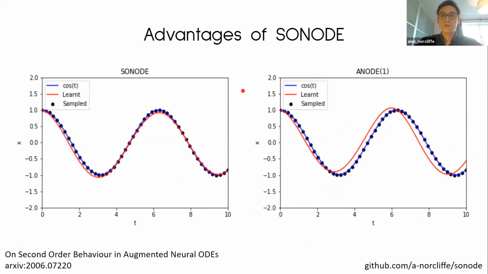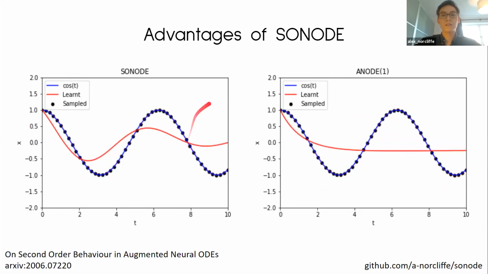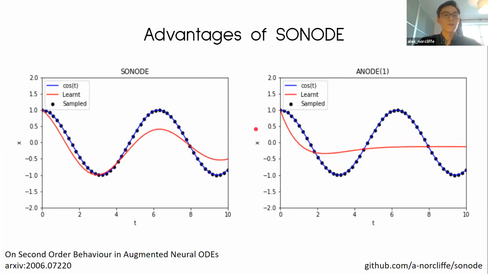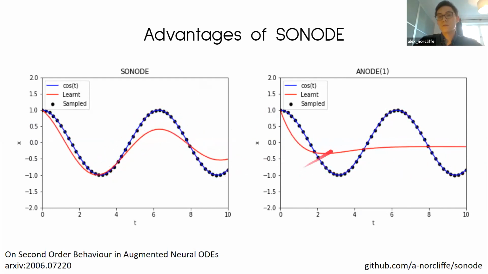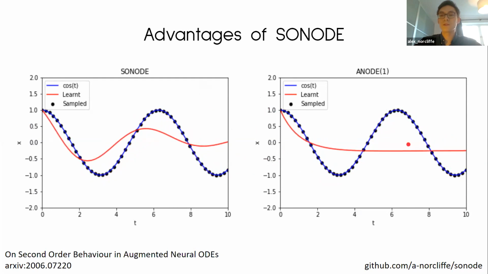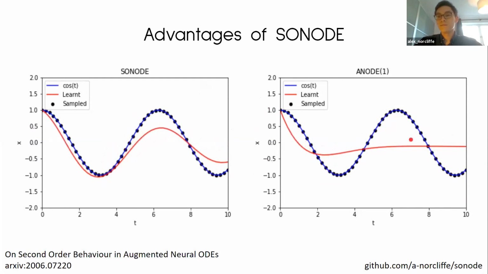And we sort of saw this earlier anyway, when these curves were training. So the SONODE curve changes very slowly and fits the cosine, whereas ANODE is moving around quite a lot, and so small changes in the parameters, or at least the gradients, are larger, but those small changes can lead to big changes in the actual function.